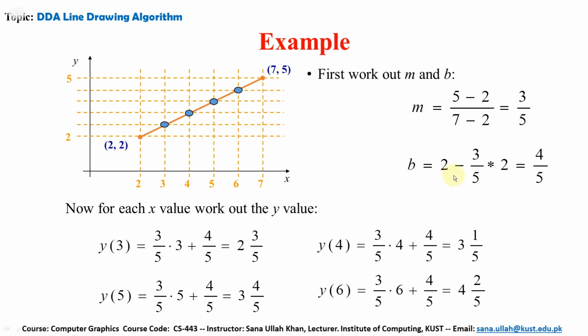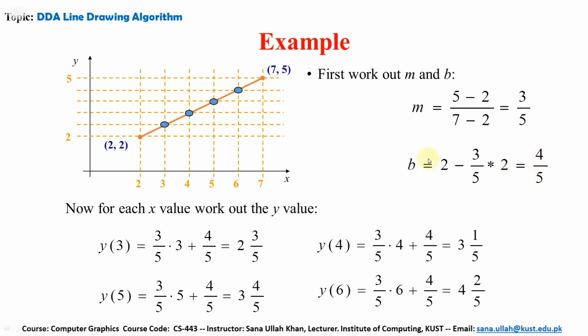So b is equal to y naught minus m times x naught. The y naught initial value is 2, m is 3 by 5 multiplied by the x naught value 2, which is equal to 4 by 5. So these values are computed.